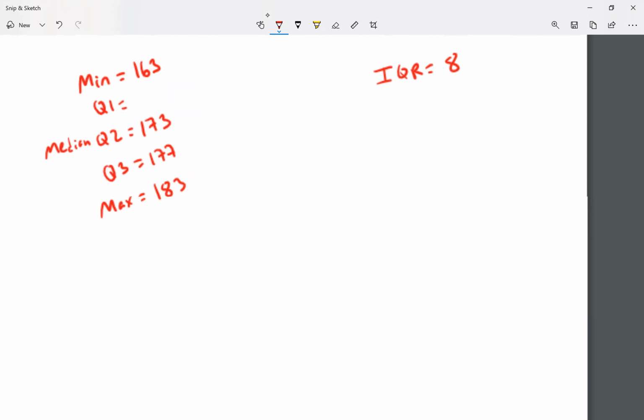You remember the interquartile range, let me write that here at the side. Interquartile range is quartile 3 minus quartile 1. So I'm going to say 8 is equal to 177 minus, okay, I don't know quartile 1, so I'm going to call it x. So if I erase one of the numbers from the list, but I give you the interquartile range, then we can solve for either quartile 1 or quartile 3.